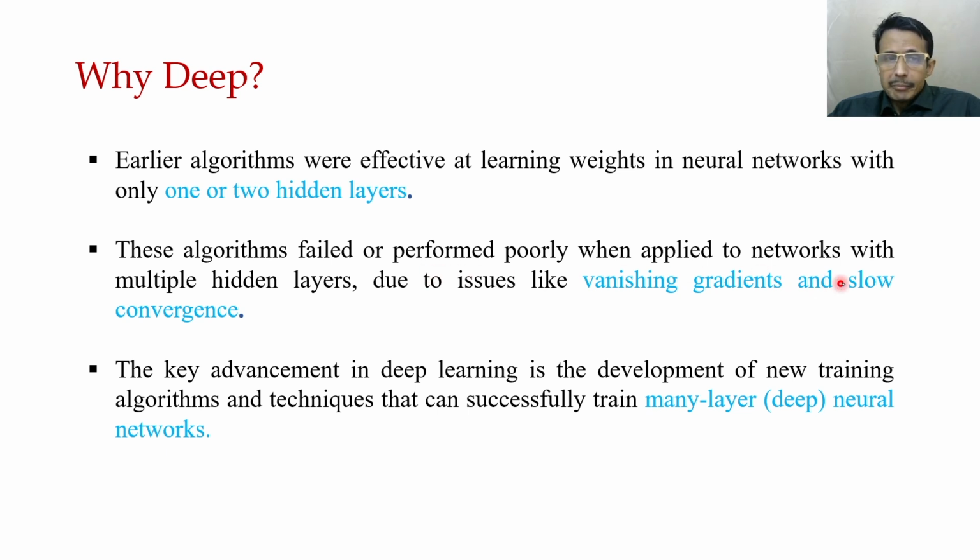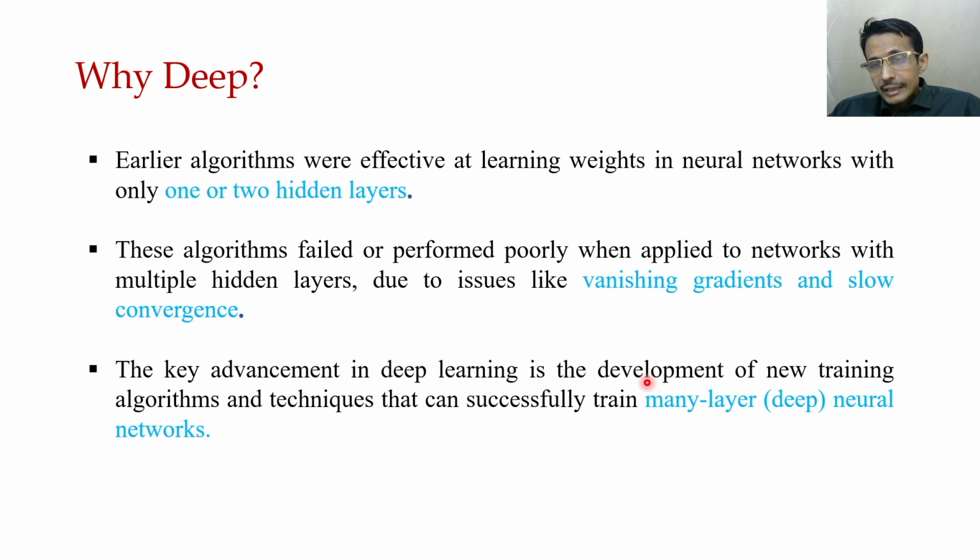So it makes convergence very slow, or sometimes it stops converging. So the algorithm is not working for deeper layers, and that is what is new. This is the main advancement in deep learning in recent times.